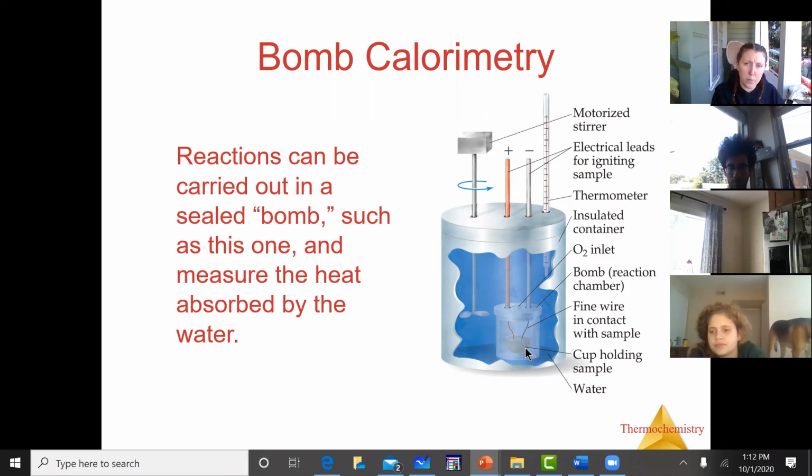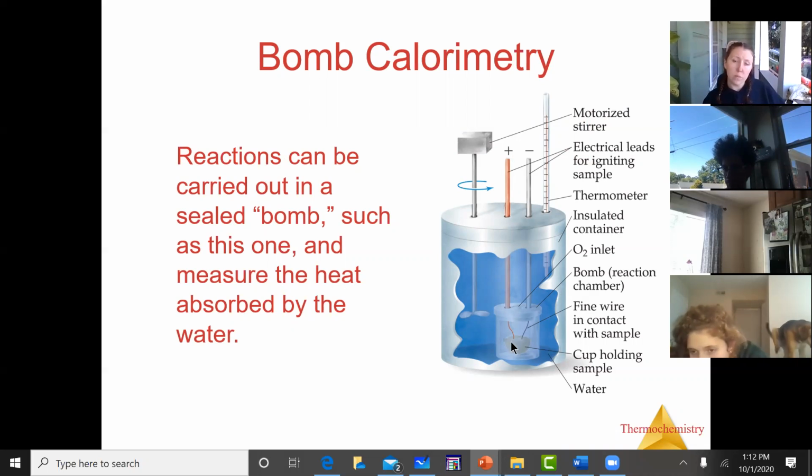It's pretty much what we've already talked about, but we've got a cup holding some sort of sample. We run an electrical current or we combust it to make it react, and it will release heat into the surrounding environment, which is water. There's a little turbine here that's spinning the water so that we can evenly mix it. And then there's a thermometer measuring the temperature of the water.